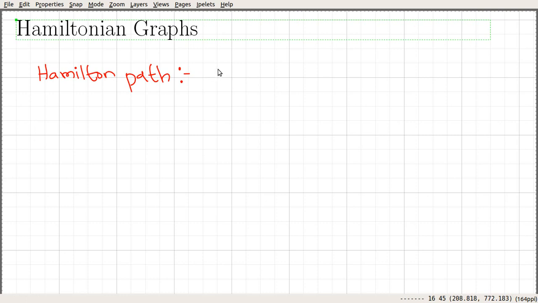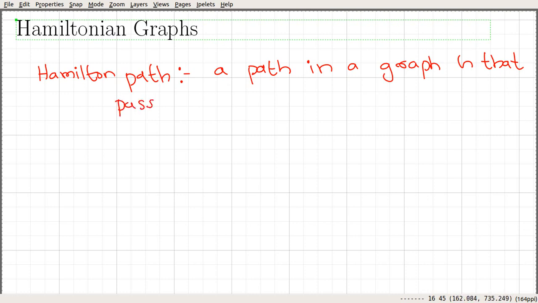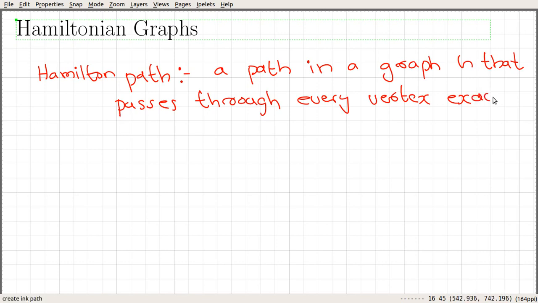So a Hamilton path is a path in a graph G that passes through every vertex exactly once.